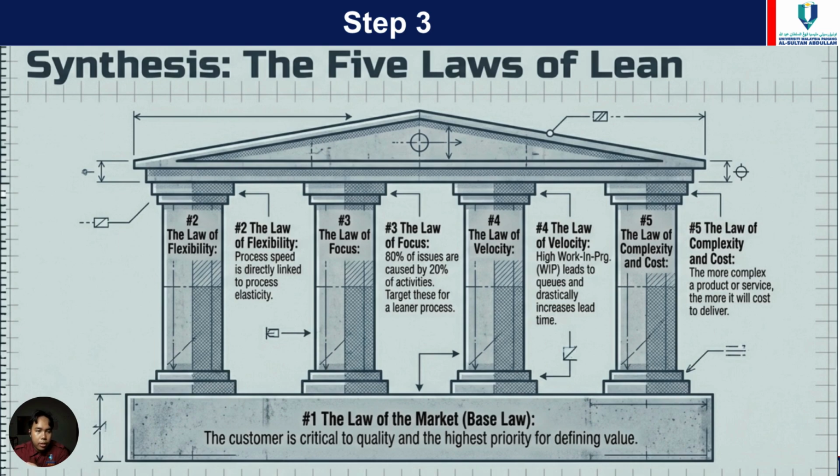The faster it is, the leaner the process. And then the fifth law, which is complexity and cost. The more complex a product or service, the more it will cost to deliver. So the more complex the process needed, the more the cost will also increase.